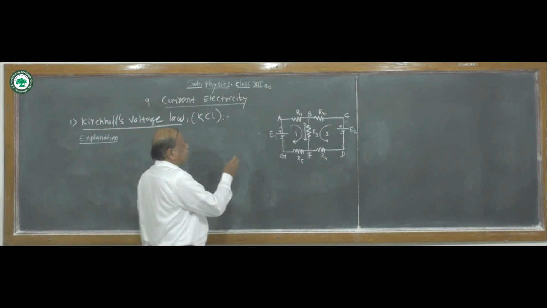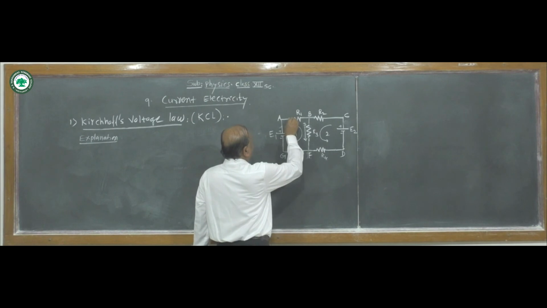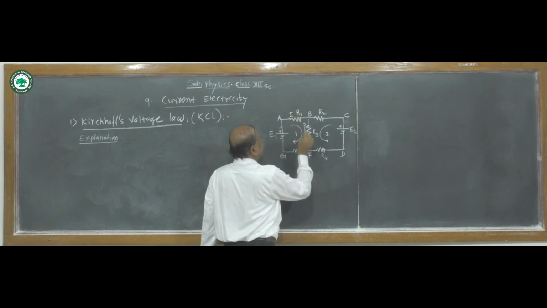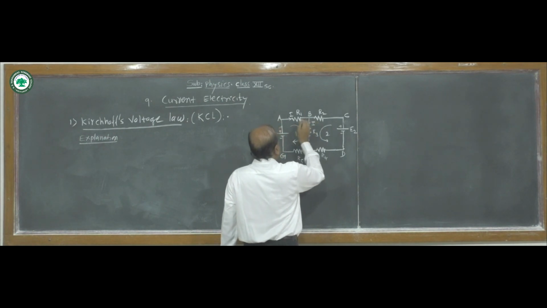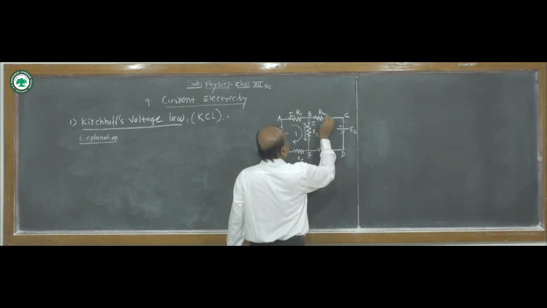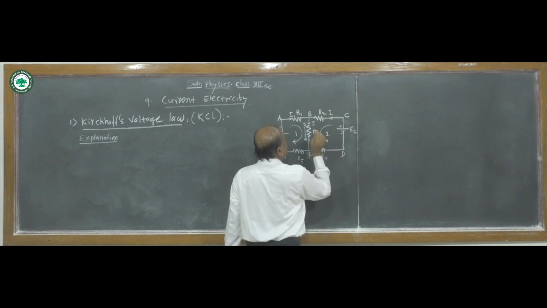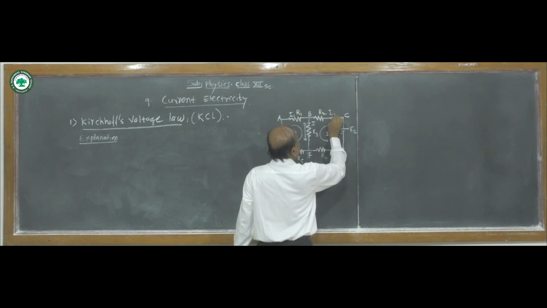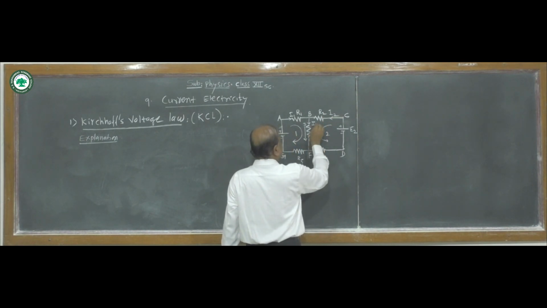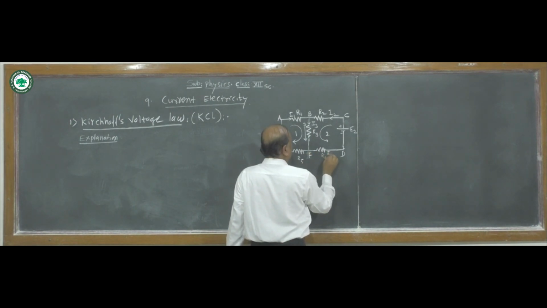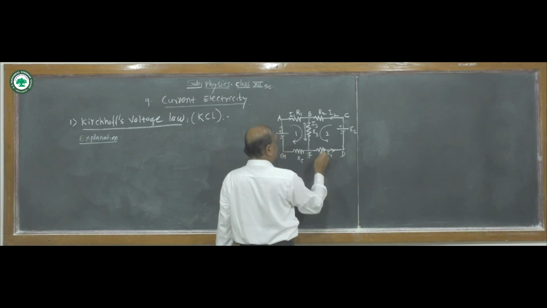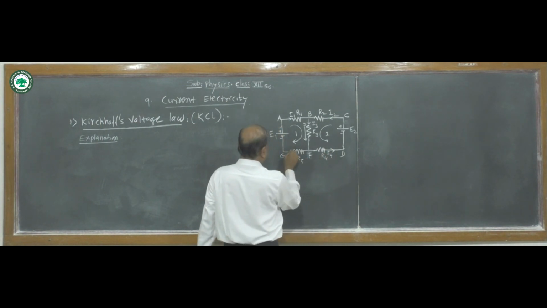Now what is the direction of current flowing? Current flows in this direction. This will be current I1. The current from this battery through resistor R2 is I2. This is I3. This is the I4 current, direction like that, and here the direction of current is I5.